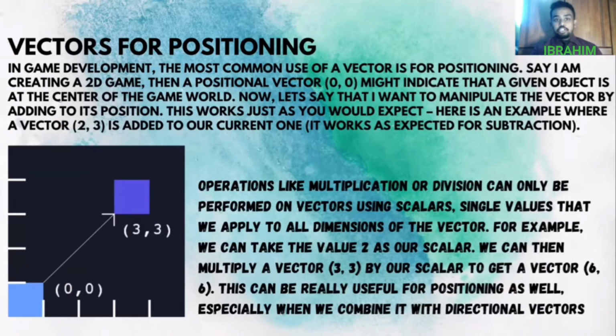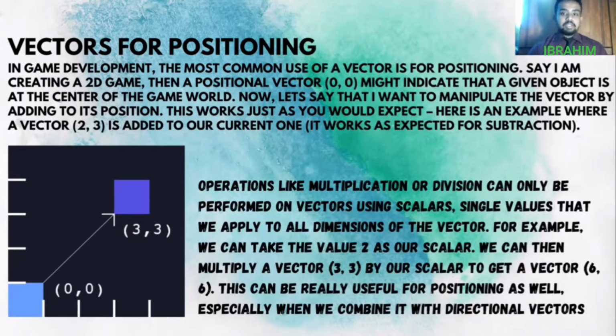Next are the uses of vectors in gaming. Vectors are used for positioning. In game development, the most common use of a vector is positioning. Say I am creating a 2D game, then a positional vector of 0, 0 might indicate that a given object is at the center of the game world. Now let's say I want to manipulate the vector by adding to its position. This works just as you would expect. Here's an example when a vector 2, 3 is added to our current one.